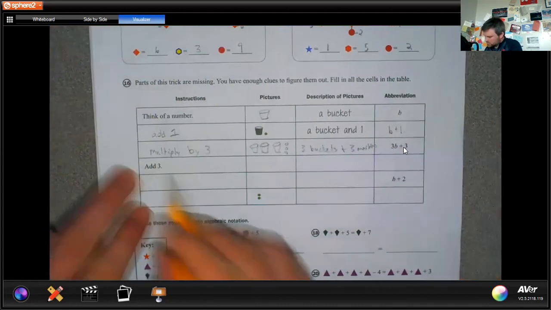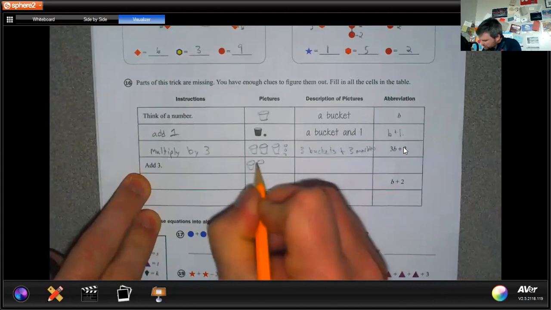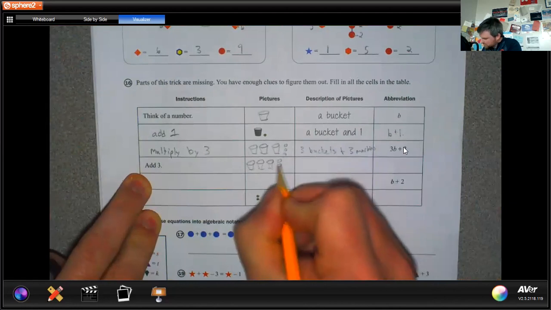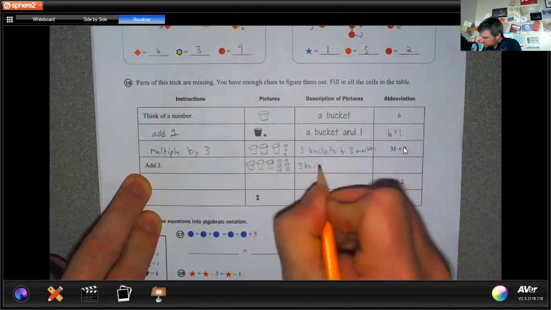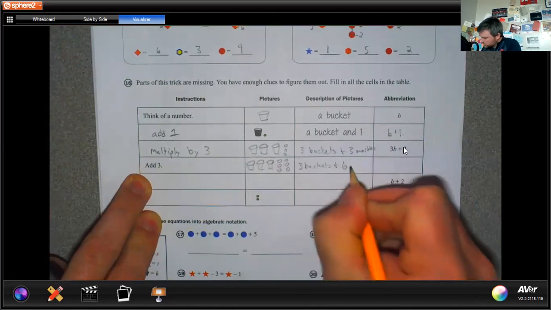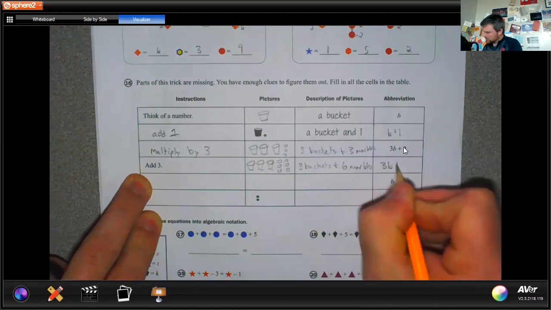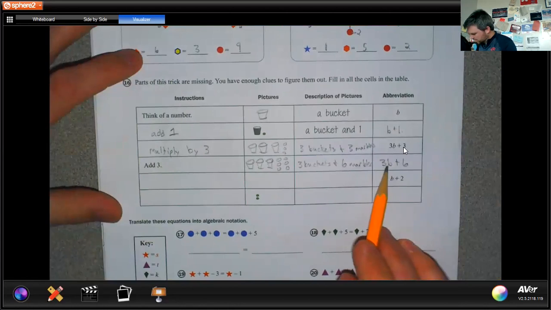Okay, so we added 3, so that's still 3 buckets. And now 6 marbles. So 3 buckets and 6 marbles. So 3B plus 6.